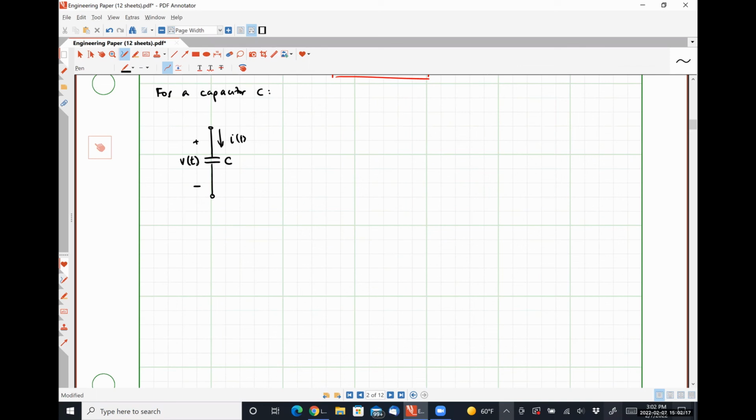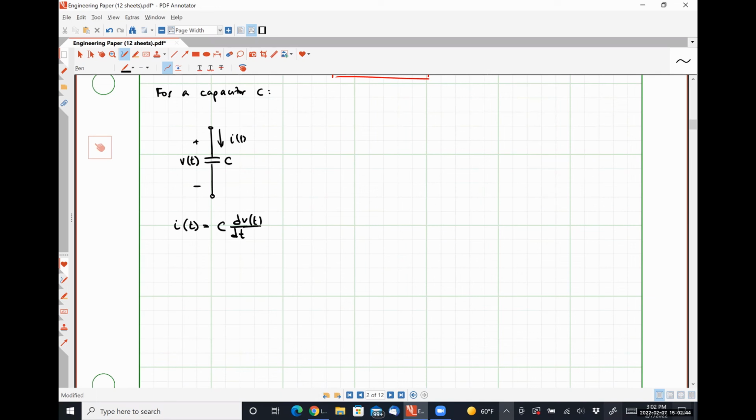So what's the derivative-based relationship between capacitor current and capacitor voltage? Absolutely right, Connor. Our current I is equal to C times the derivative of our voltage with respect to time.